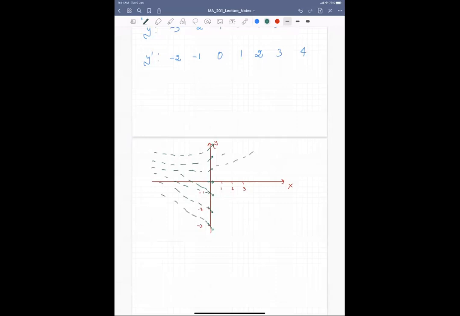It goes like this. Again, this is all very rough because I literally cannot plot all of these things. I assume that there is some kind of a flow. This is the value of the slope at every particular point.